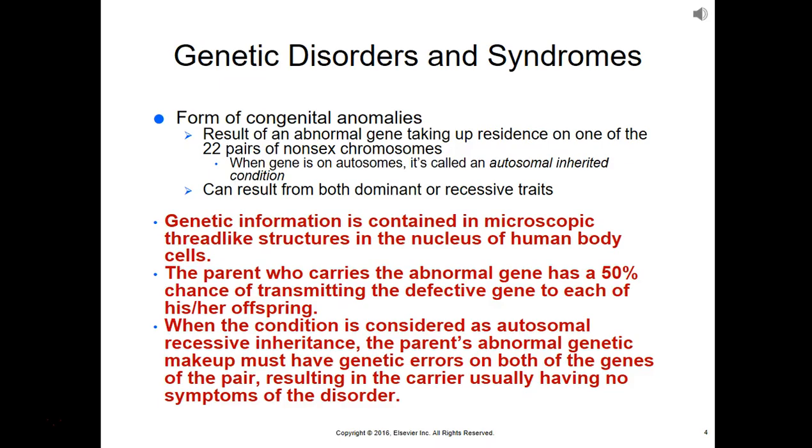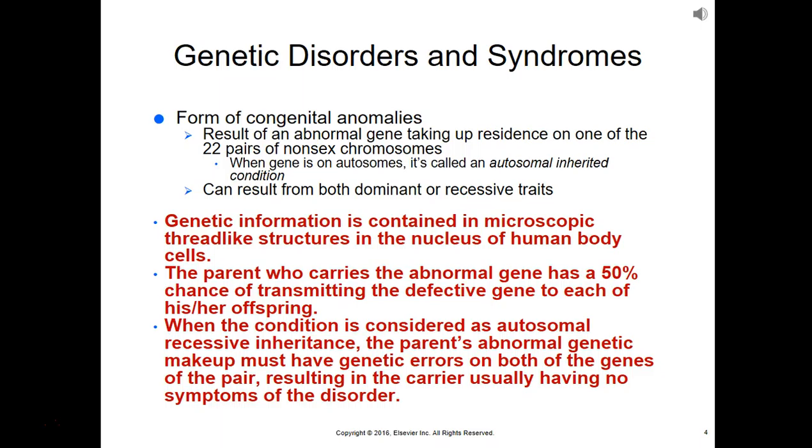So you have DNA and chromosomes in all of those cells, and sometimes there's mutated cells and that causes disorders and syndromes. So the parent who carries the abnormal gene has a 50% chance of transmitting the defective gene to each of his or her offspring. So that's half and half.